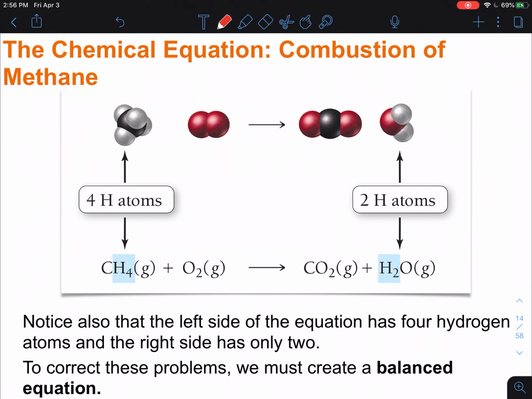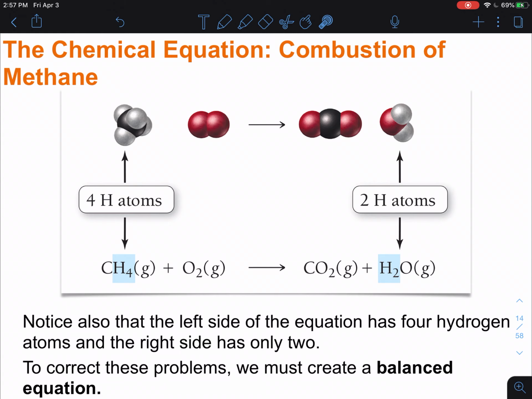Okay, so same thing with the hydrogen atoms. You'll notice on the left side, the reactant side, within methane, we have 4 hydrogen atoms. And then on the product side, the only place that we have hydrogen atoms is in water, and this is represented by just 2 hydrogen atoms. So we can't lose 2 hydrogen atoms from the reactants to the products.